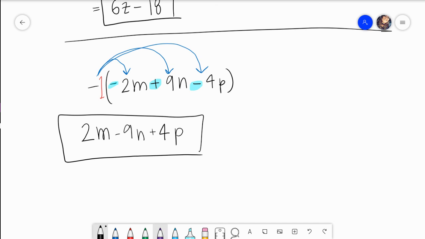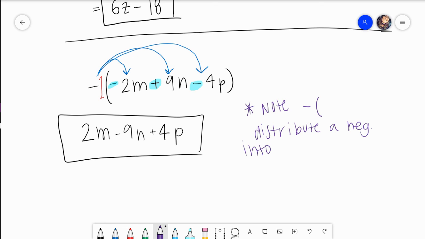So a special note that we could put whenever you see this: when you distribute a negative into parentheses, essentially what happens, all signs change.